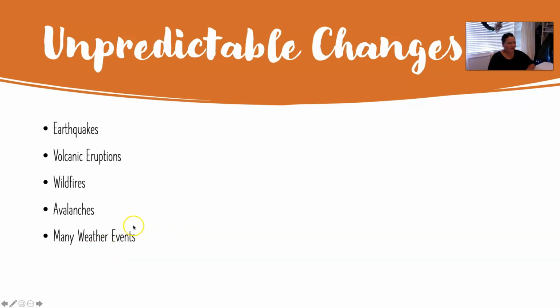When we think about unpredictable things, we're thinking about things that happen that we really had no idea were going to occur, how or when they did. So again, unpredictable, no idea, right? So changes on Earth are both predictable and unpredictable. And again, a change is just when properties of matter have been altered in some way.